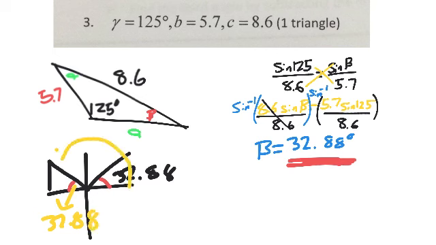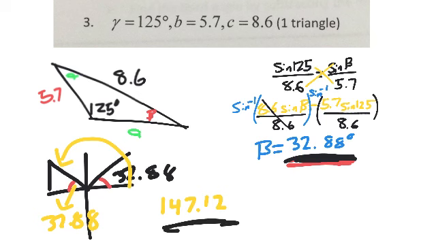I would have to have rotated all the way to there, just short of 180, which is 147.12. So really I have 2 cases every time. My beta could be 32.88, or it could be 147.12.